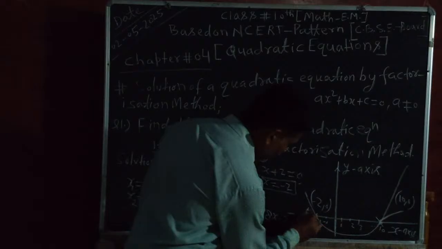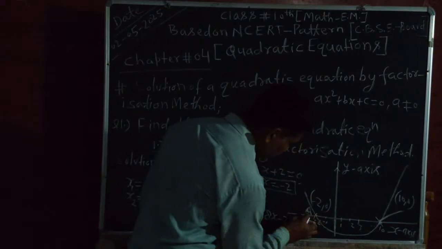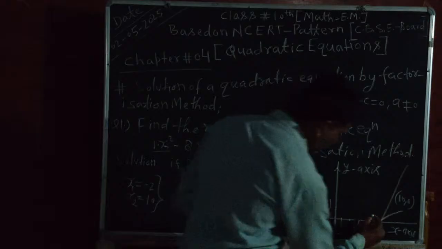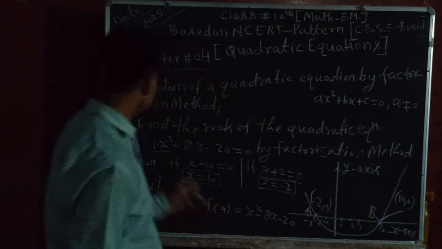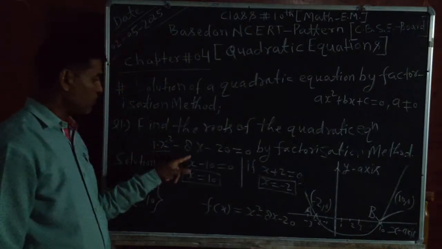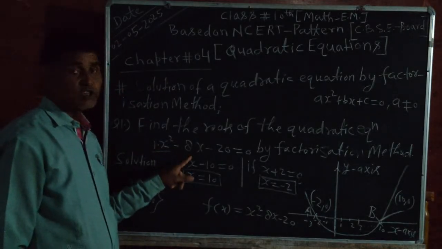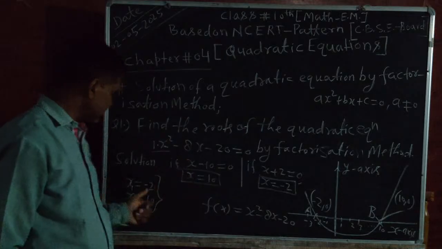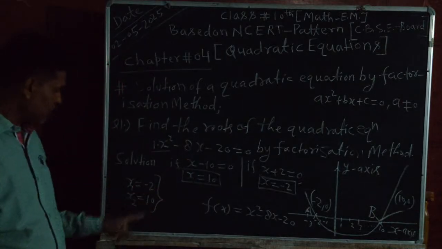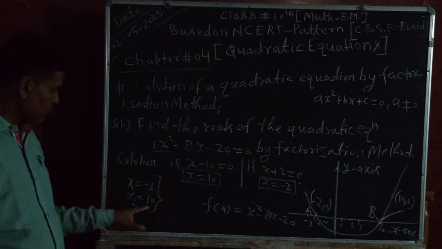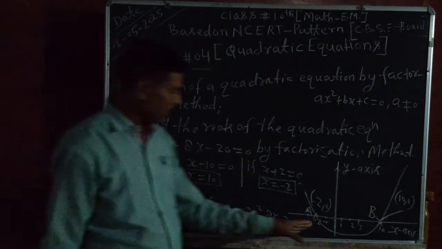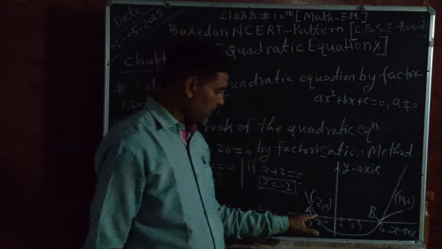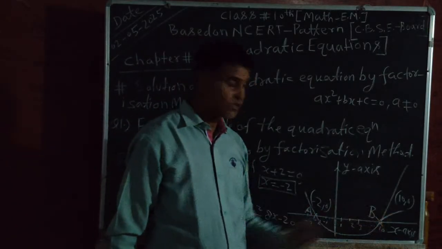One point I am going to call point A, and the other point I am going to call B. Okay, student. Therefore, the given quadratic equation has two solutions. One solution is x1 is equal to minus 2, and the other solution is x2 is equal to 10. And these two values are already on the x-axis. This is the minus 2, and this is the plus 10.